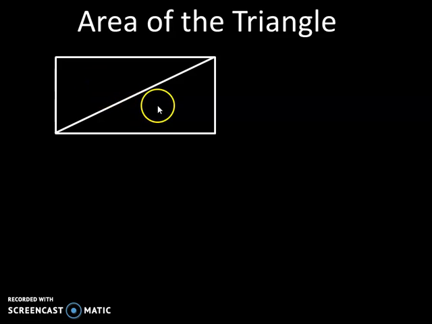Two partitions. In terms of fractions, this triangle is 1/2 of this rectangle, and this other triangle is also 1/2 of the complete rectangle. So if we make two partitions like this from two vertices, we get two triangles.